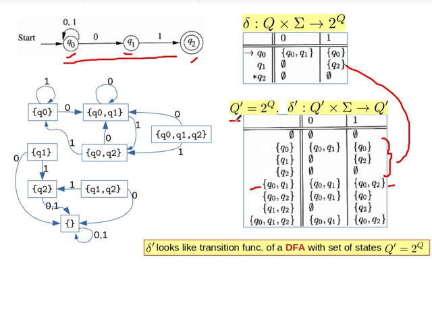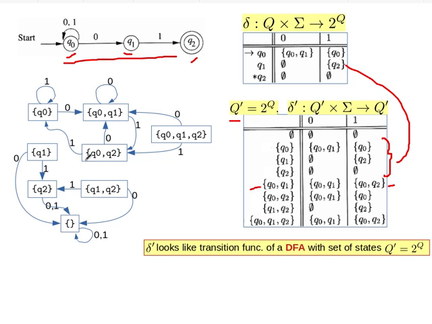The set of states is the power set of the states that you had for this NFA, right? So a state here corresponds to a subset of Q here. So in that sense we get a DFA. So the important thing is that this is a DFA because of this, and we have the transitions, right?